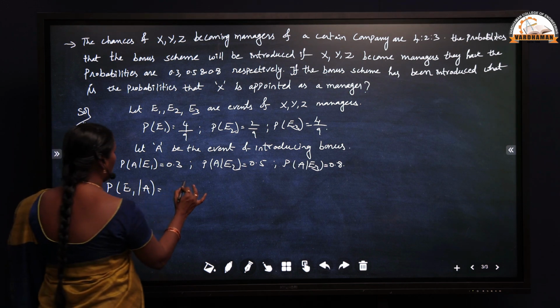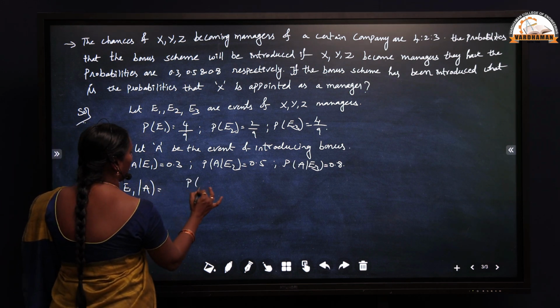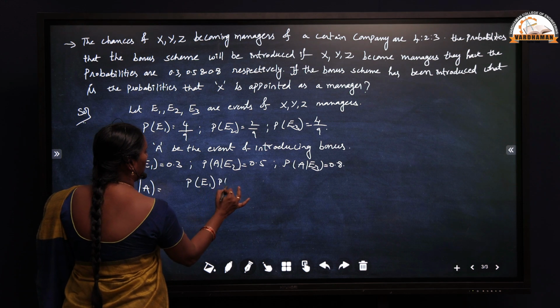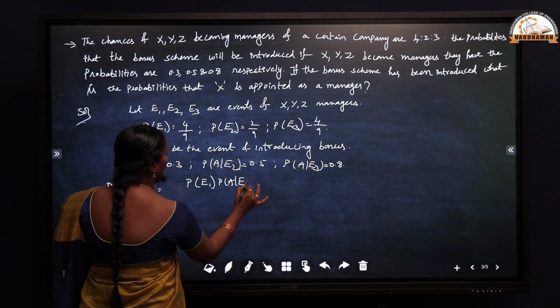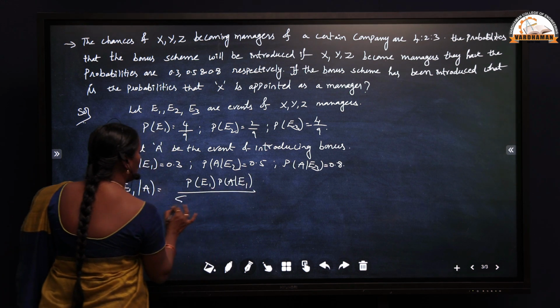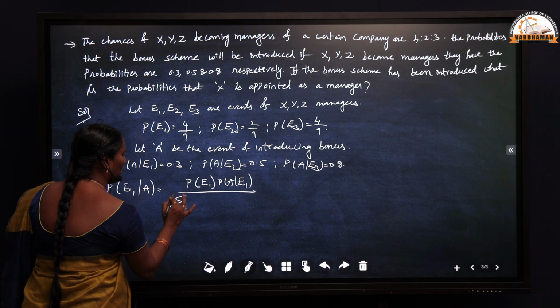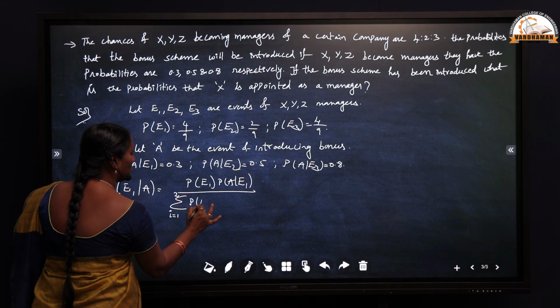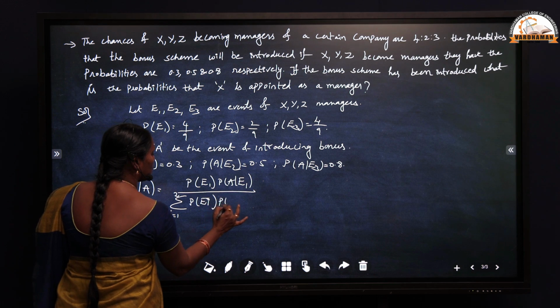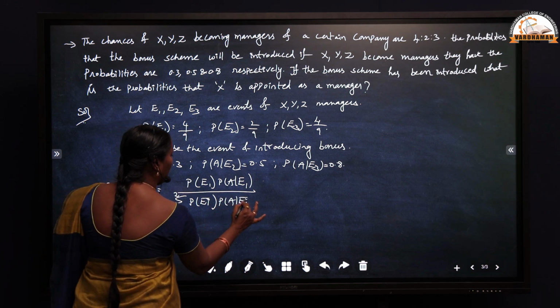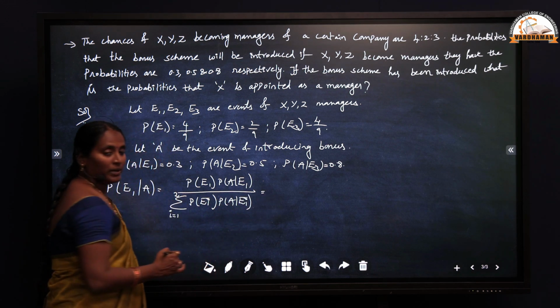So what is the formula for E1 given A? Probability of E1 into probability of A given E1, divided by the sum over how many events in the given problem? Summation i equals 1 to 3 of P of Ei into P of A given Ei. So how to split these values?